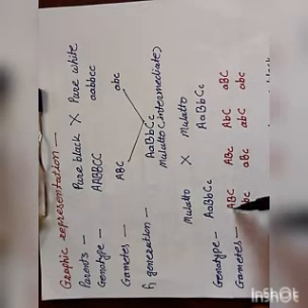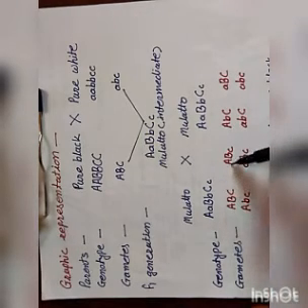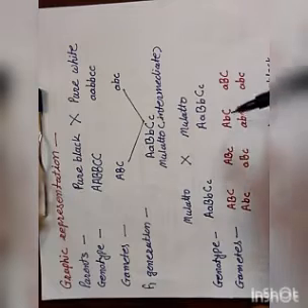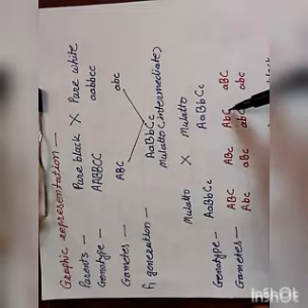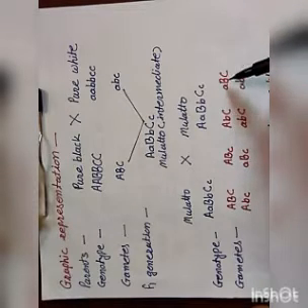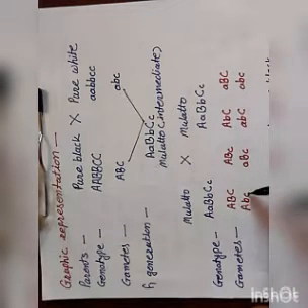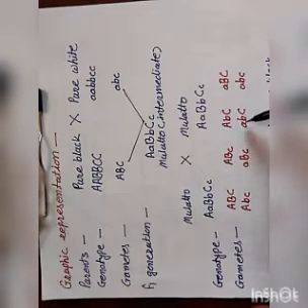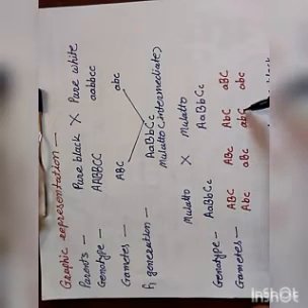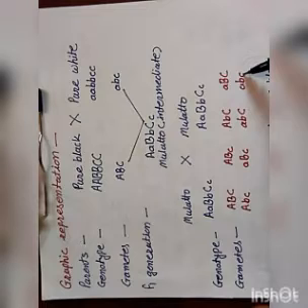These are capital A, capital B, capital C containing gamete; capital A, capital B, small c; capital A, small b, capital C; capital A, small b, small c; small a, capital B, capital C; small a, capital B, small c; small a, small b, capital C; and small a, small b, small c containing gametes.